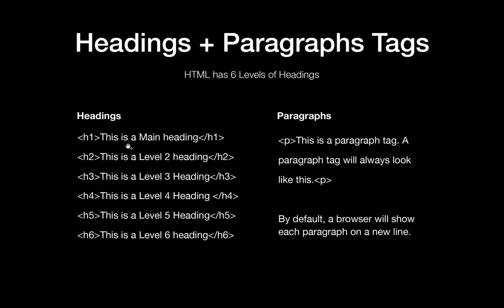But when we code this out, H1 is going to be our boldest header, and level 6 will still be kind of bold, a little bolder than our regular paragraph text, but it will be the smallest. So these all essentially go from large to small. H1 is the largest, H6 is the smallest.